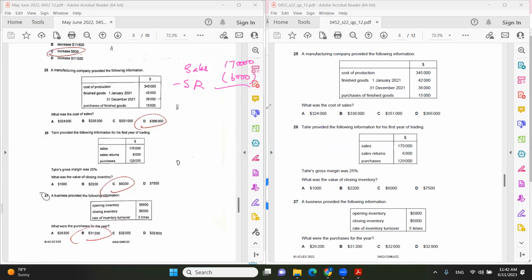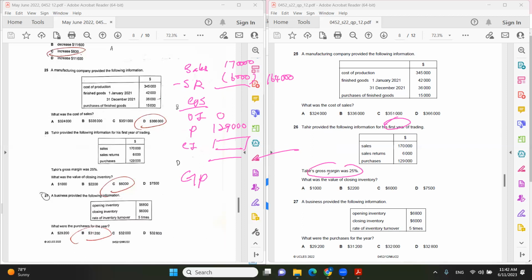So we get the net, which is 164000. And then our cost of sales. Because this is the first year, opening inventory is 0. Purchases is 129000. And then closing inventory, we don't know. So we get gross profit.